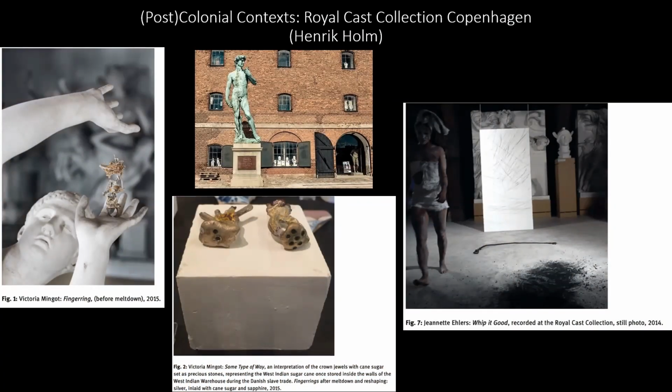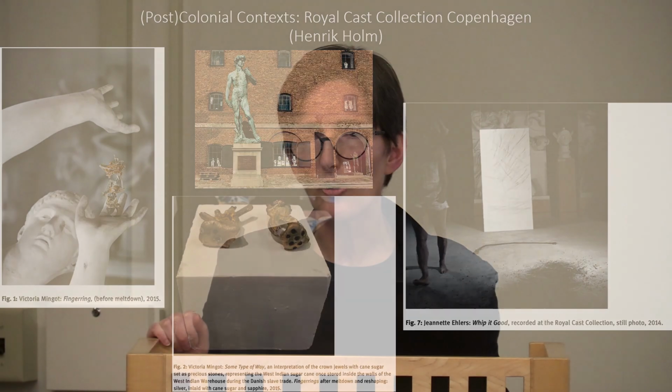The more dark side came through to us in a presentation by Henrik Holm, at the time curator of the Royal Cast Collection in Copenhagen, who really showed us how important it is to not dislodge the cast collections from the places in which they are displayed.